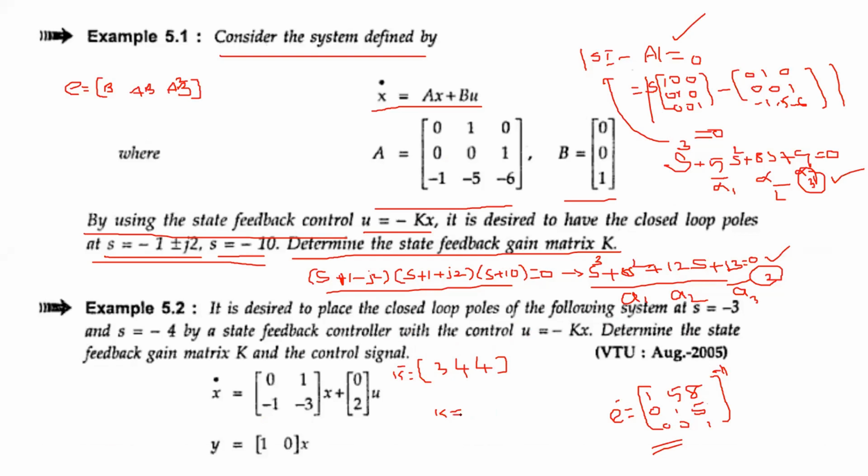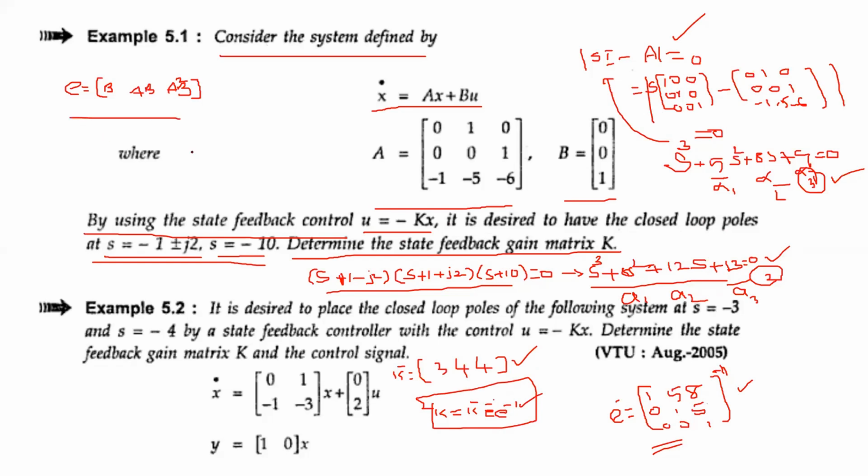K is nothing but K bar multiplied by E bar multiplied by E inverse. So if you multiply the 3 matrices, K bar is multiplied with E bar, and that is multiplied with E inverse. The E matrix is based on the controllability matrix.